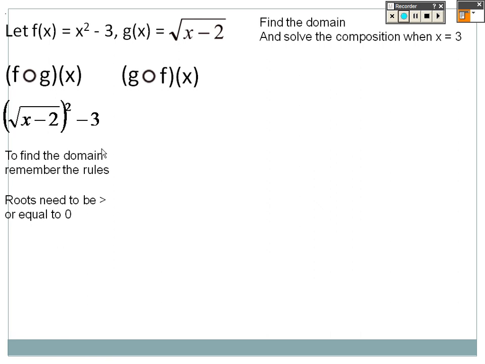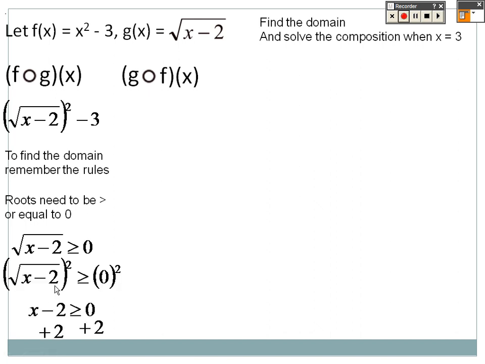However, I've got to see where they overlap. So where do they overlap? Well, this domain, because there's no roots and there's no fractions with x's in the denominator, is negative infinity to infinity. This one, however, is a root, so I set what's underneath greater than or equal to 0.